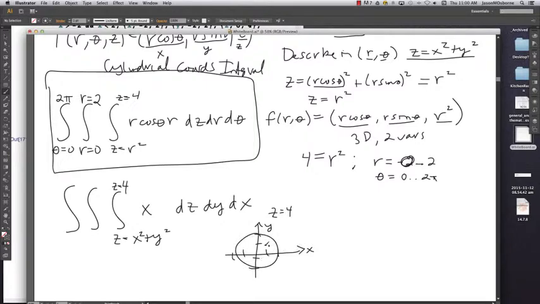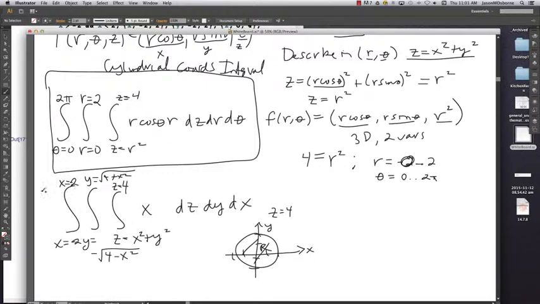So then you would have had to do this as your 2D region. And that would have been, for example, y is equal to negative square root of 4 minus x squared, up to the square root of 4 minus x squared, and then x would have gone from negative 2 to 2.